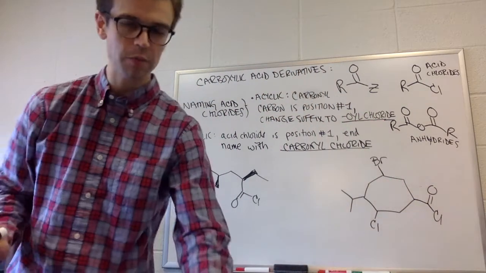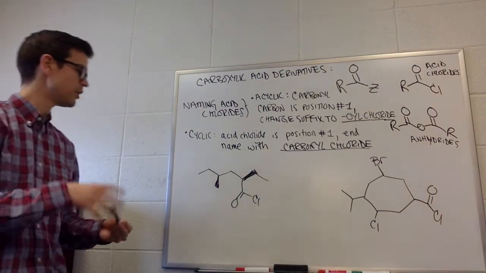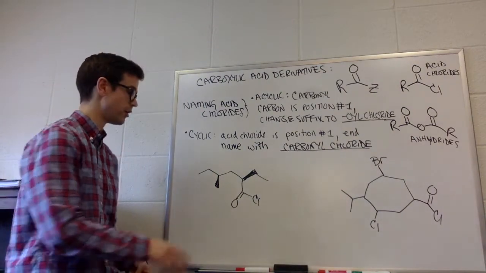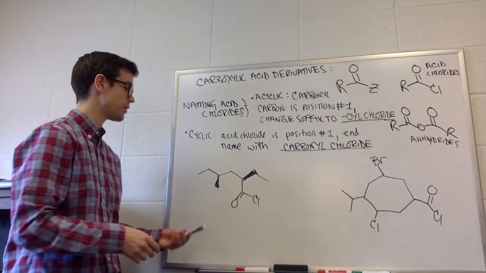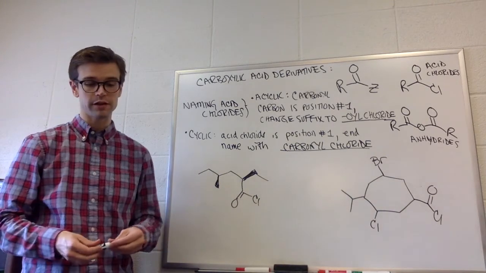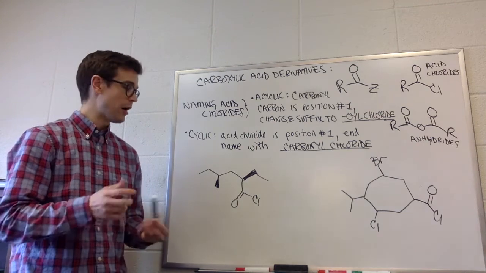All right, so we have a couple acid chlorides up here. So now you've already paused the video and tried to name this one yourself. And remember that you will need to use stereochemistry for these different stereocenters. How are we going to name this?